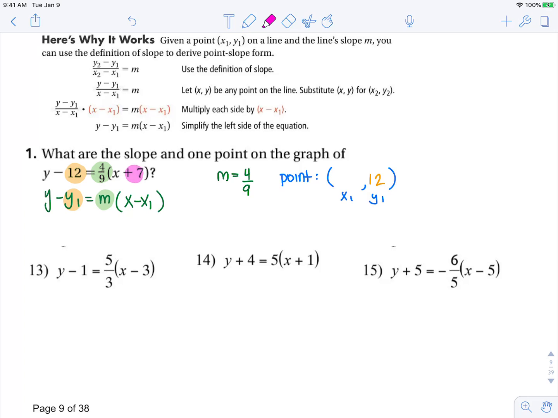But here we're adding 7, and so we can look at this as being x minus -7, right? If we added 7. So that means that my x1 of my point is -7. So the shortcut is, if you're adding, that means you actually subtracted a negative. So this is my slope and my point on that graph.